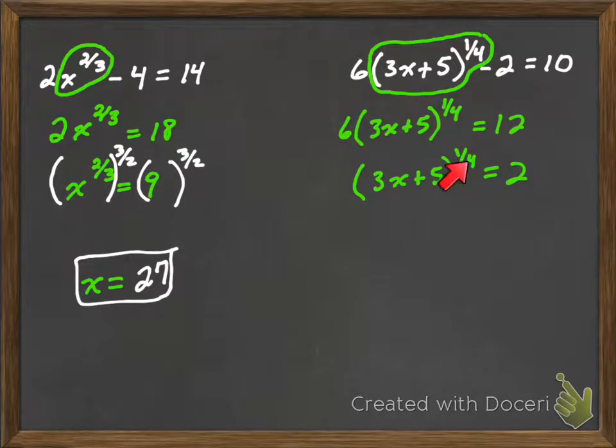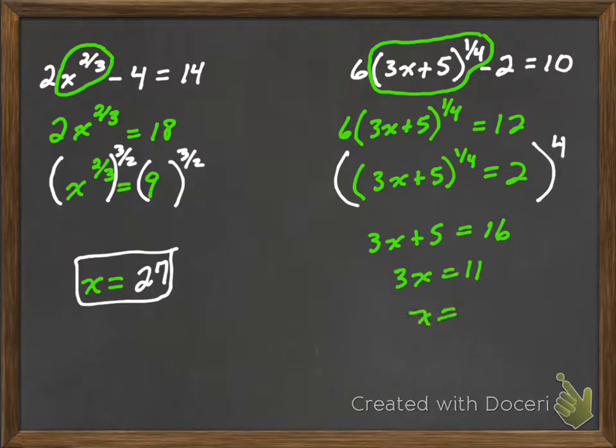Since our exponent is 1/4, the reciprocal of that is 4 over 1, or simply 4. So we are going to raise both sides of our equation to the 4th power. That cancels out the exponent on the left, leaving us with 3x plus 5. And 2 raised to the 4th power is 16. Now solving for x, you subtract 5 and then divide by 3. And get used to just leaving your fractions as improper fractions.